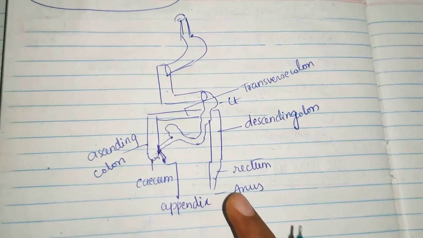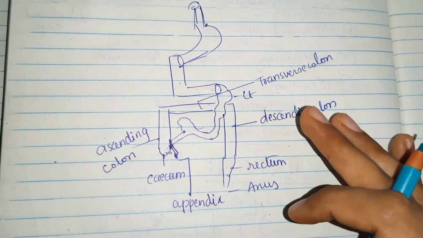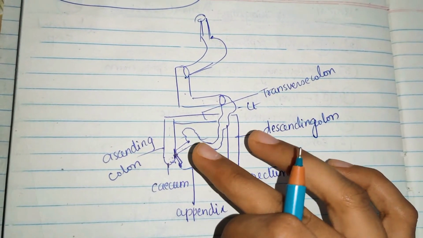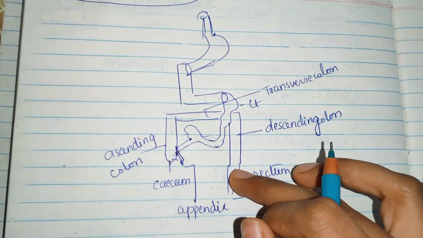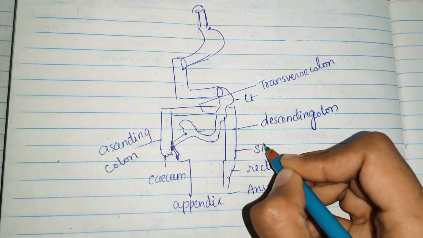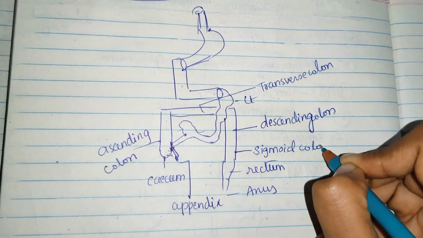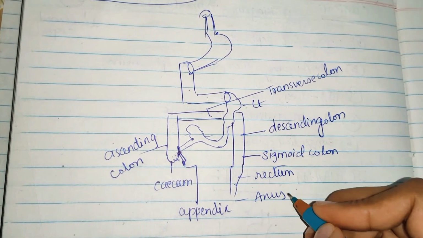Starting from here till here, this is all the large intestine. It is about 1.5 meters long in total, and it is divided into cecum, ascending colon, transverse colon, descending colon. Here you have one more colon, the sigmoid colon, and next comes the rectum and the anal canal, or anus.